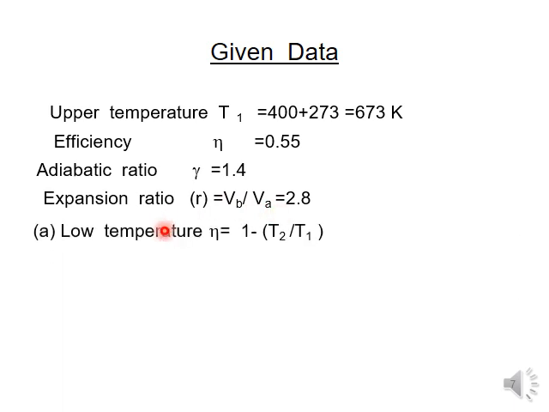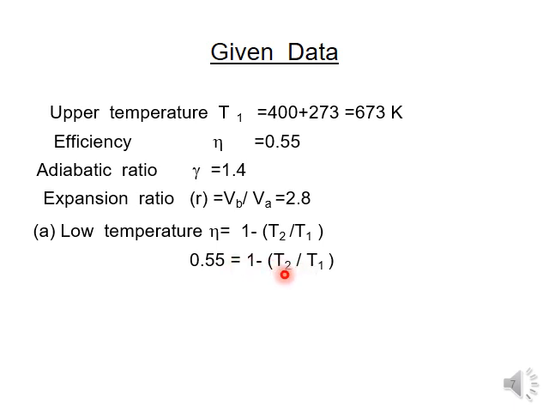Next, first we have to calculate the low temperature. We all know that the efficiency is equal to 1 minus T2 by T1. We know the efficiency value, 0.55 is equal to 1 minus T2, which we don't know, divided by 673. That is 0.55 is equal to 1 minus T2 divided by T1.